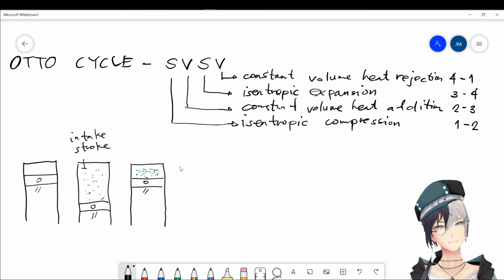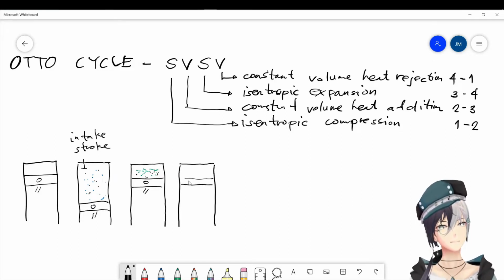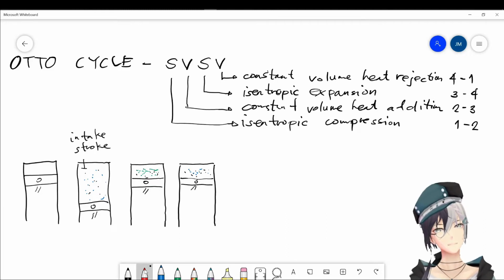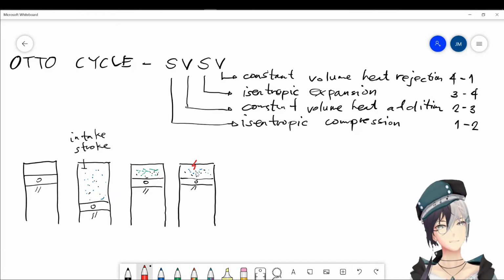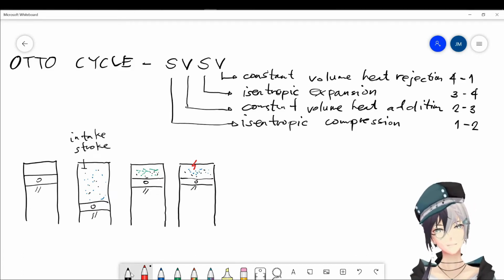You now introduce the spark plug, which produces heat energy, and so the mixture of air and fuel will be ignited through a spark plug. And with that, you now have your constant volume heat addition.